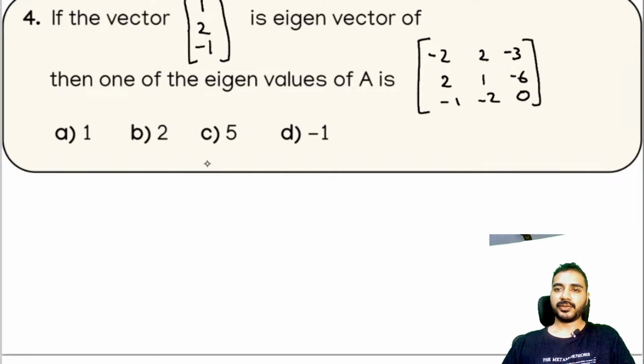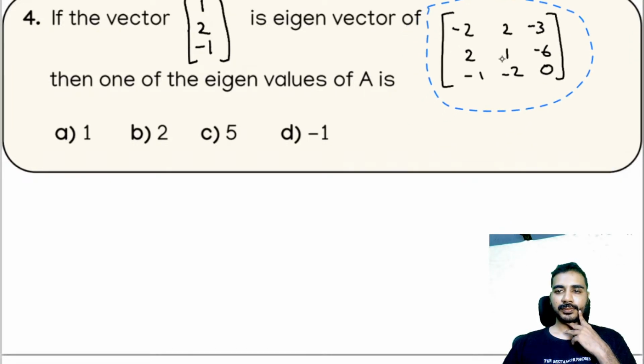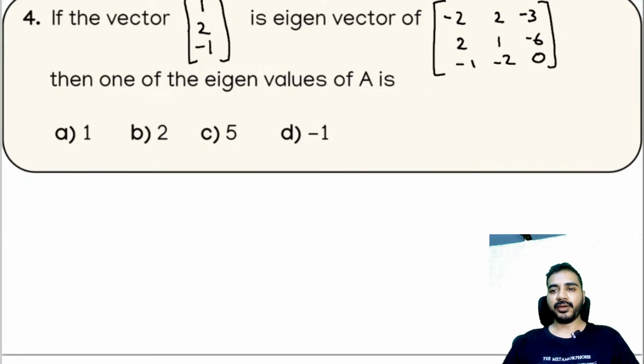Just try to solve it yourself. What is the question here? If the vector 1, 2, minus 1 is an eigenvector of this matrix, then one of the eigenvalues of A is... this is A here, and this is given as one of the eigenvectors.